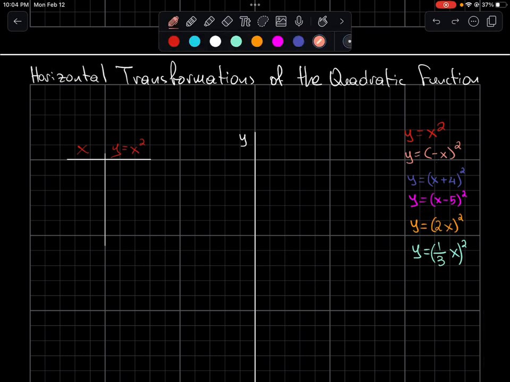Okay, horizontal transformations. We're still going to start with the parent function. How do we start? We do the parent chart. And what is the parent chart? It's 0, 1, -1, 2, -2 for the inputs, and 0, 1, 1, 4, 4 for the outputs.